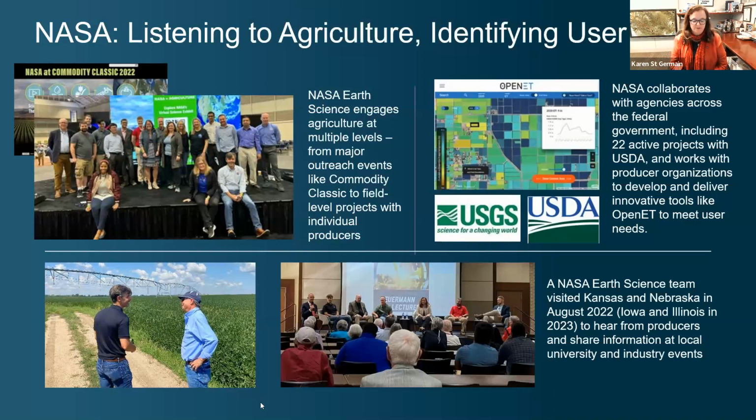In amplifying those efforts and increasing the connections to the agriculture community, we've engaged in a number of major outreach efforts, like attending the Commodity Classic, which is, as many of you may know, the largest farm trade show in the US, to going out and walking in fields and talking to and listening to individual farmers.